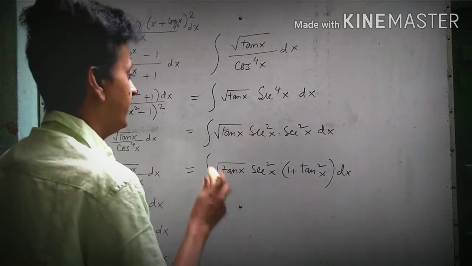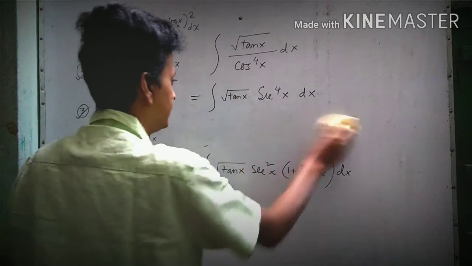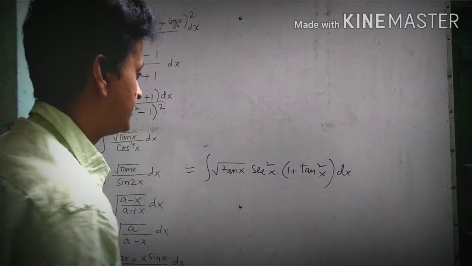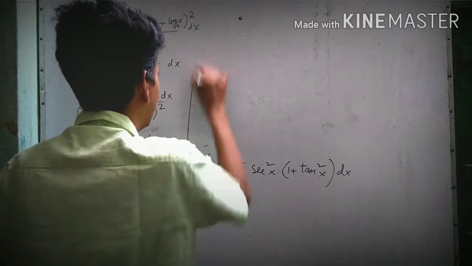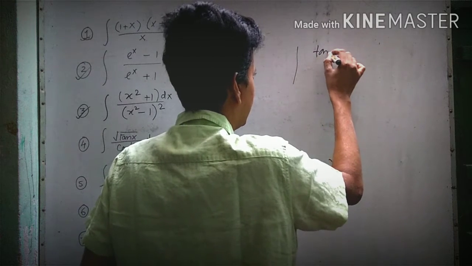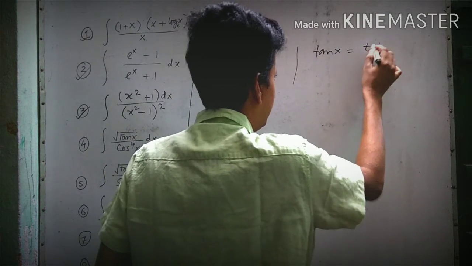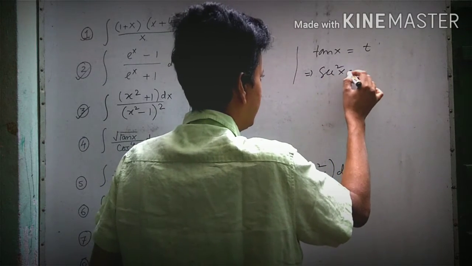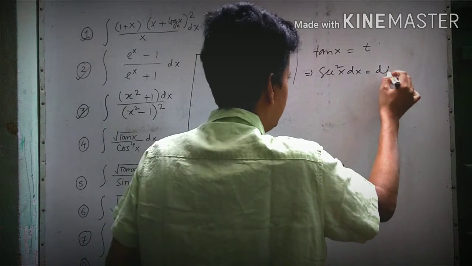Now we put tan x as t. If we put tan x equal to t, then sec square x dx equal to dt.